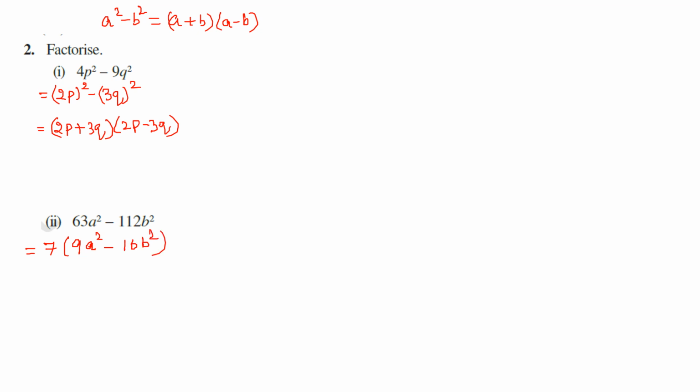So 16b square. Now you can see 9a square I can write as 3a whole square, isn't it? 3a whole square will give me 9a square, and 16b square I can write as 4b whole square. So now it is again in the form of a square minus b square identity. So I can write it as a plus b, so 3a plus 4b, and a minus b, which is 3a minus 4b.